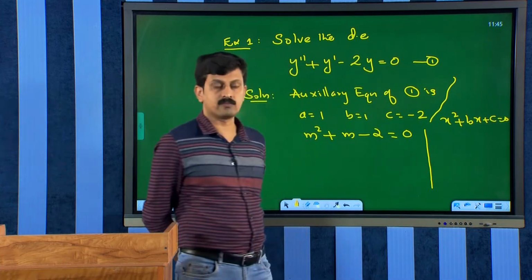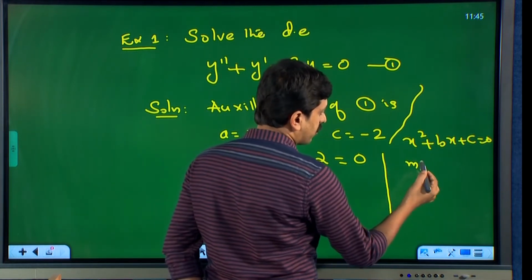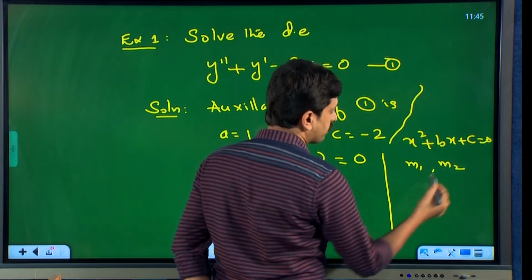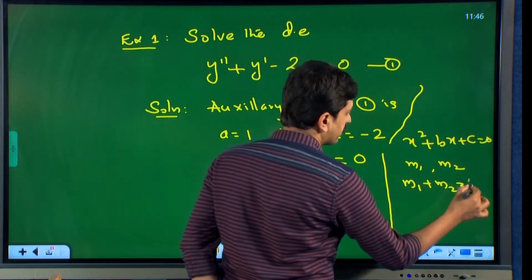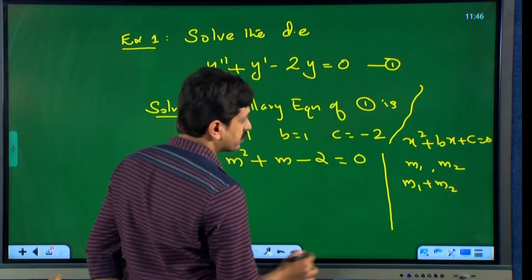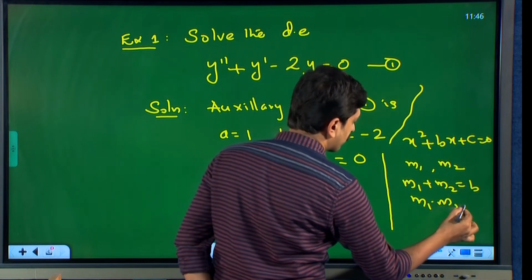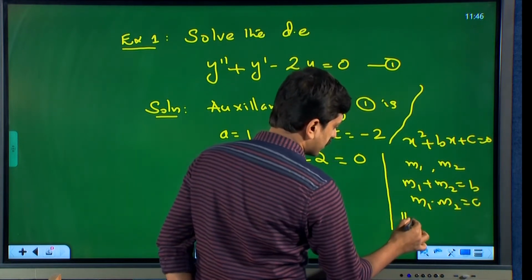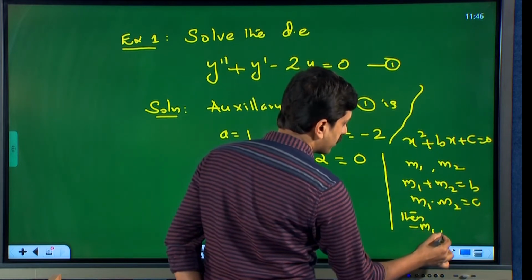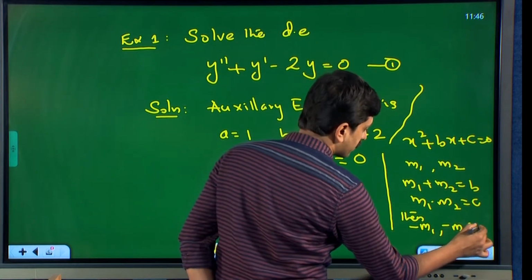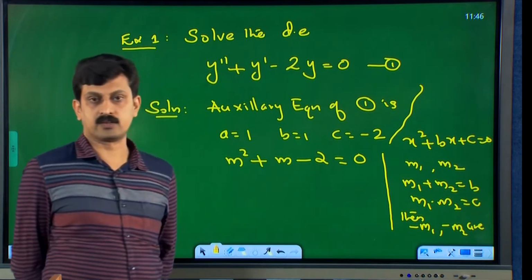While multiplying, if m1 and m2 are the values, m1 plus m2 is equal to b and m1 into m2 is equal to c, then we say that minus m1 and minus m2 are zeros of the quadratic equation.